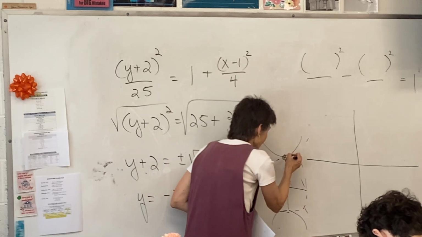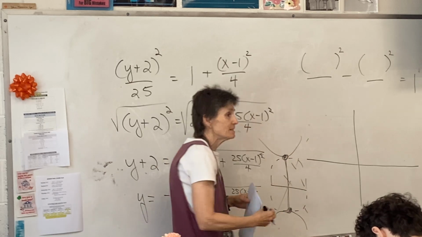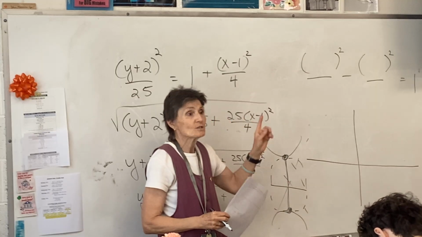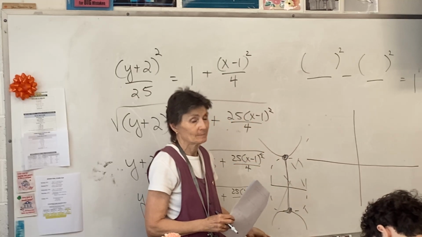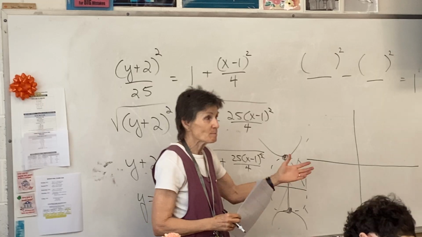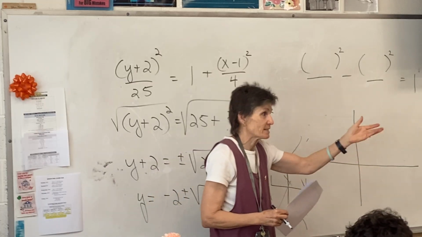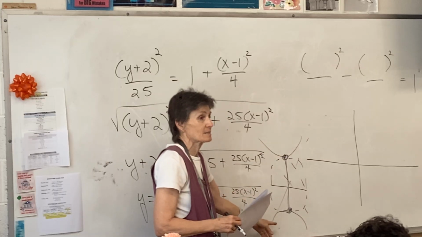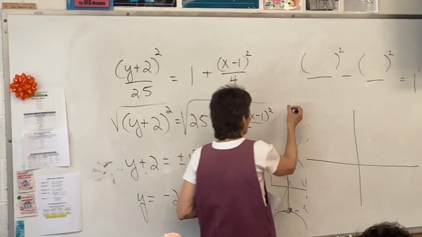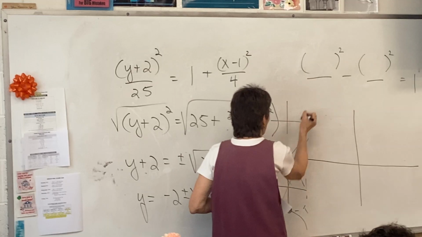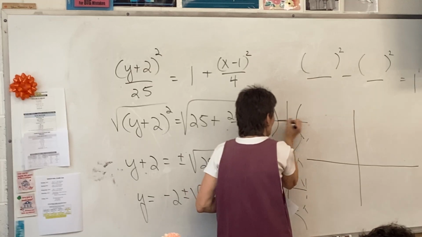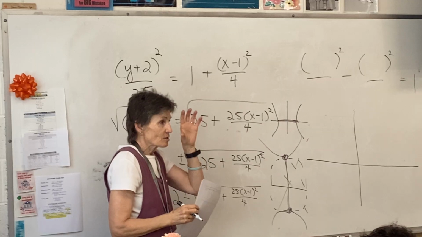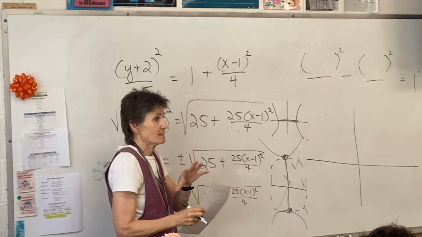This one that connected the vertices is called transverse. Trans means across, verse, vertices. So it's across the vertices. This is your transverse axis. If the hyperbola opened sideways, then this would be your transverse axis.